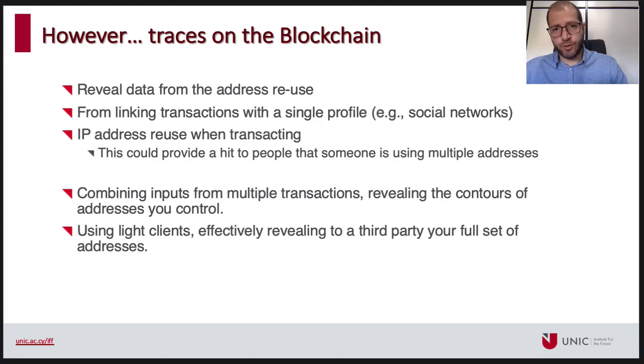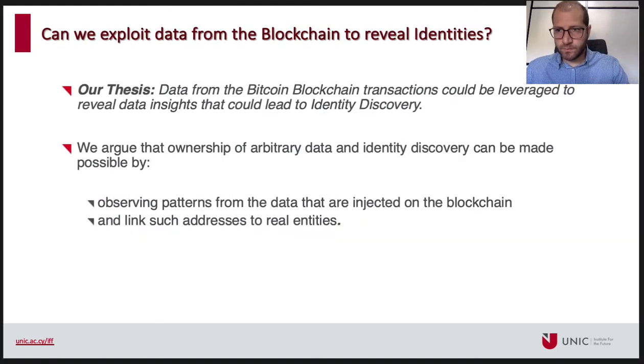Is it possible to use machine learning or other algorithmic approaches to get more insights about the profile of the transacting entity? So our thesis is that data from the Bitcoin blockchain transactions could be leveraged to reveal data insights that could lead to identity discovery.